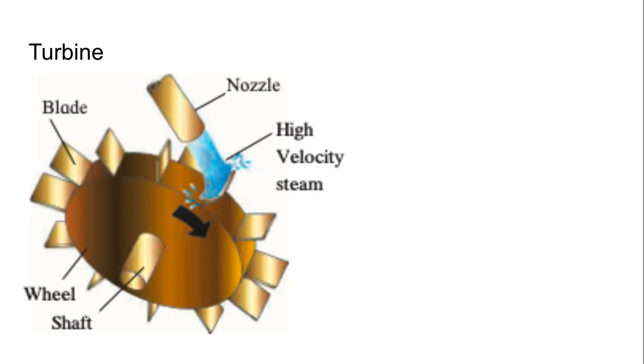Basically, a turbine looks like this. It looks like a wheel with blades in very simple English. You see the wheel, the central part, and you see the blades, just like a fan. Now you see the shaft here at the center of the circular disc.